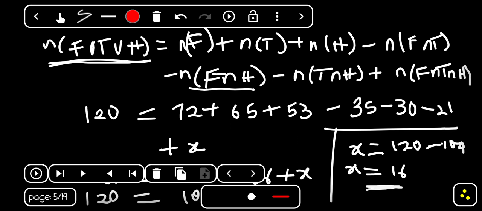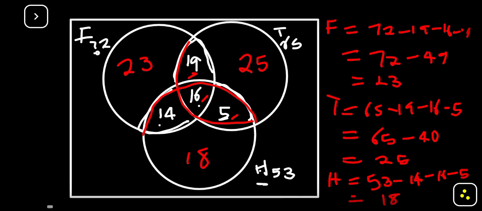Now going back to the Venn diagram, you see that only two banks is for First Bank and Trust Bank. Only two banks, we have just 19 here for only First and Trust. For only First and Hallmark, we have just 14.